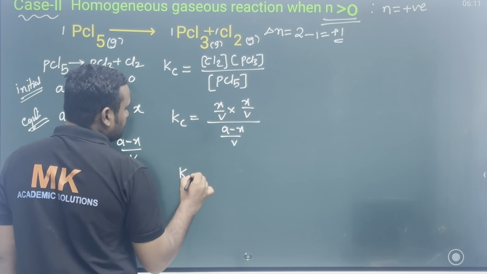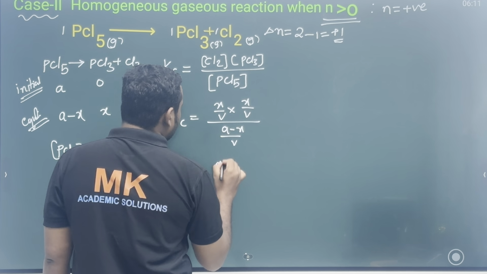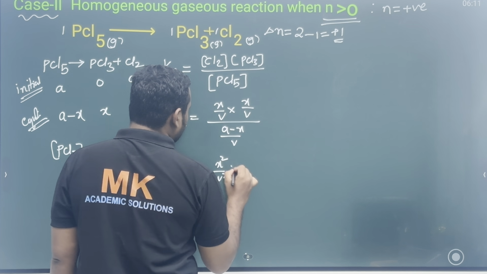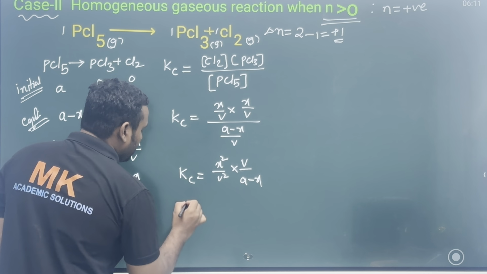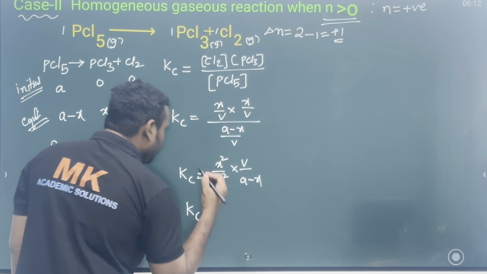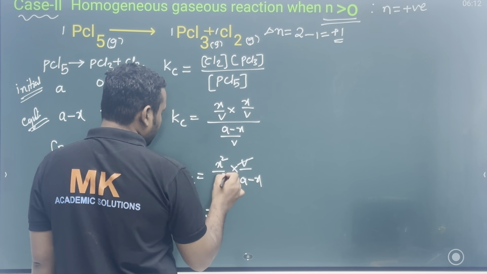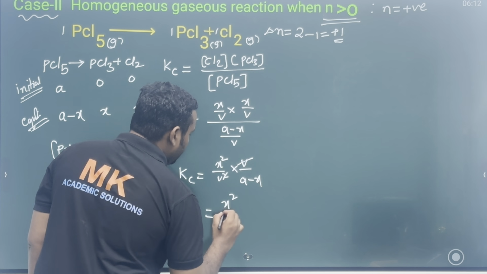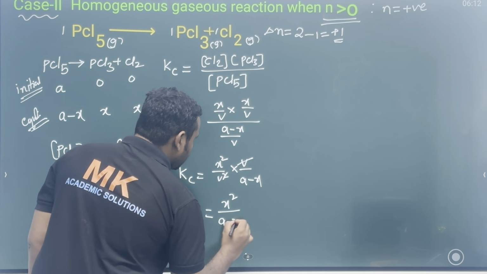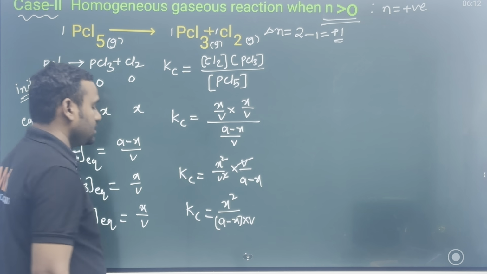Here Kc is equal to x square by V square into V by A minus x. So here V square will get cancelled out and will become x square by A minus x into V.